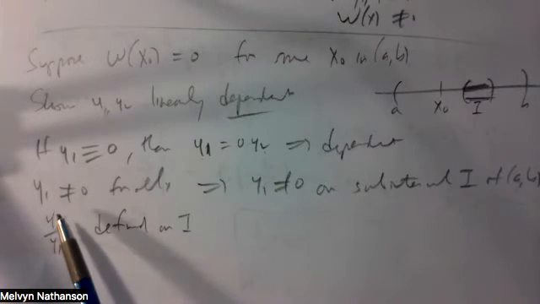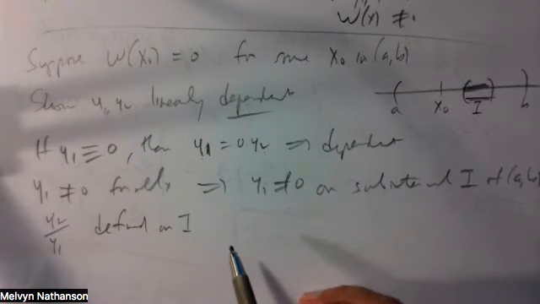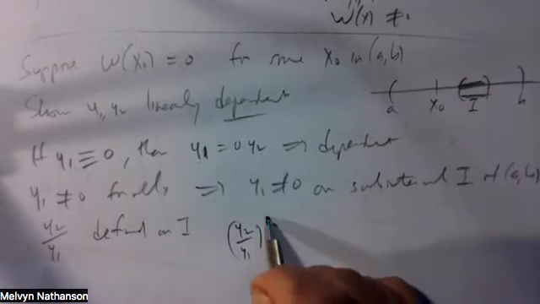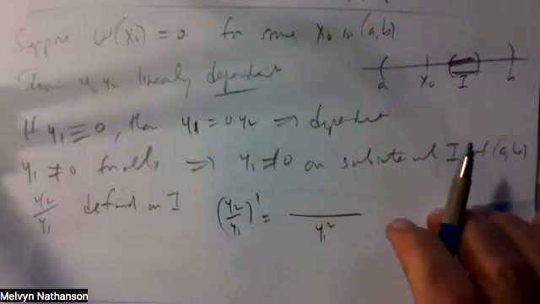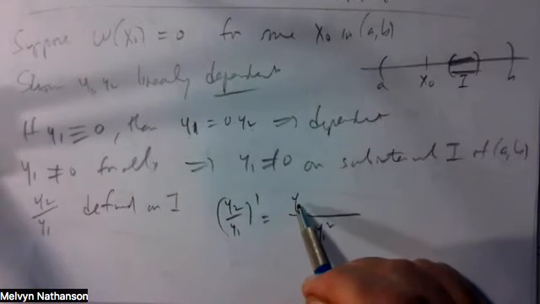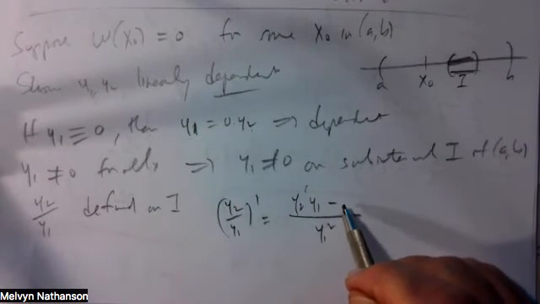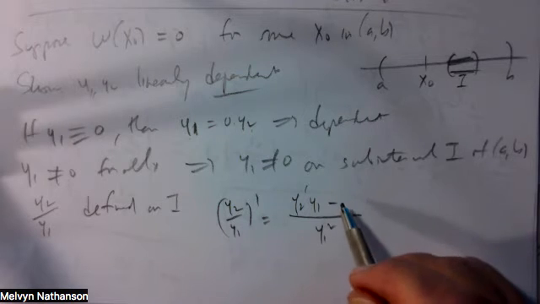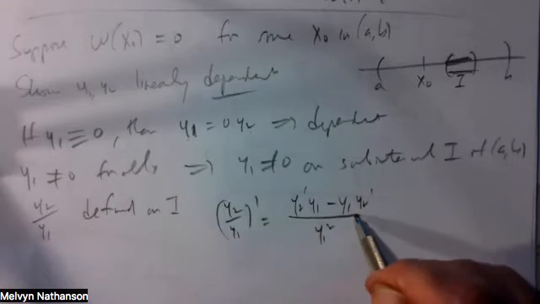And it's a quotient of differentiable functions, so you can differentiate it. If you take y2 over y1 prime, by the quotient rule, this is y1 squared in the denominator, the derivative of the numerator times the denominator minus the denominator times the derivative of the numerator.